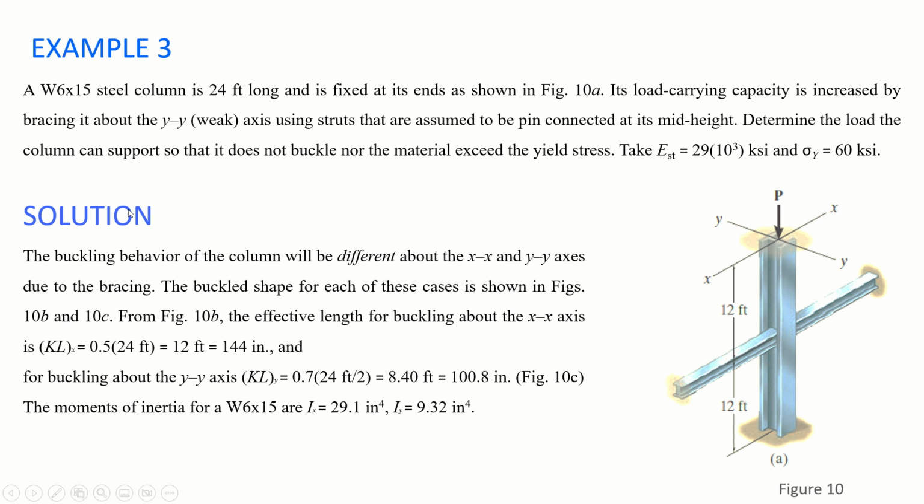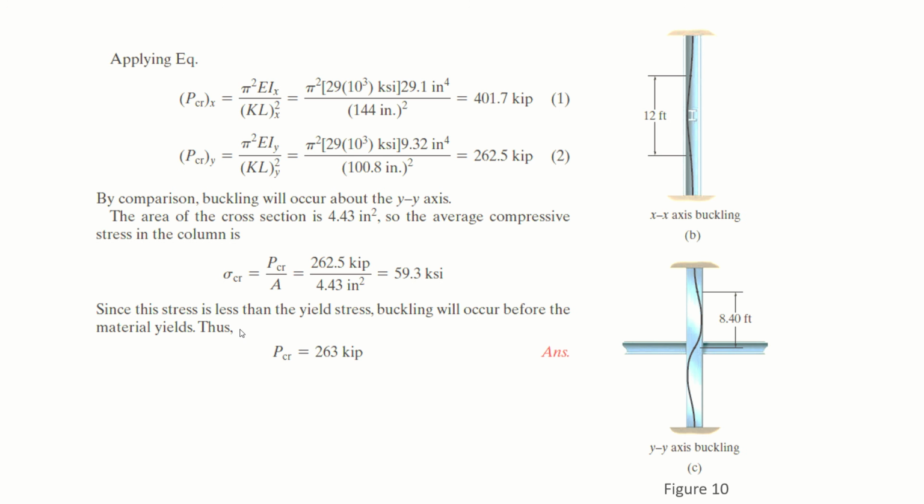Now the solution starts: the buckling behavior of the column will be different about x and y axis due to bracing, right? About x axis there is no bracing, and about y axis there is a bracing. The buckled shape for each of these cases is shown in figures 10b and 10c.